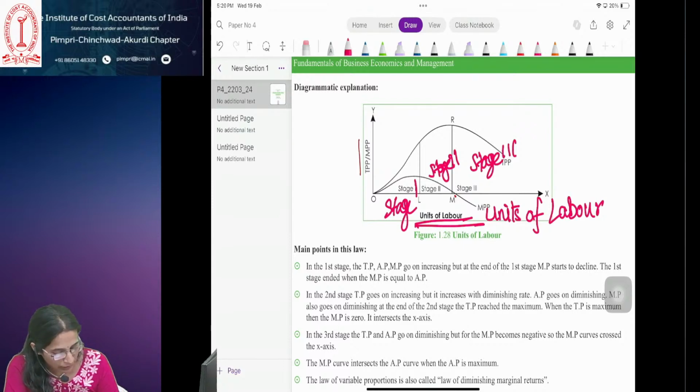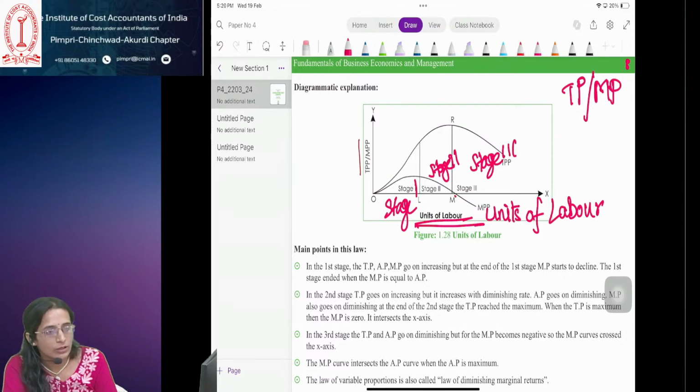So what is happening to the total product and marginal product? Like the law of diminishing marginal returns we saw in the case of total utility and marginal utility, when the units of labor are increasing, what will happen?